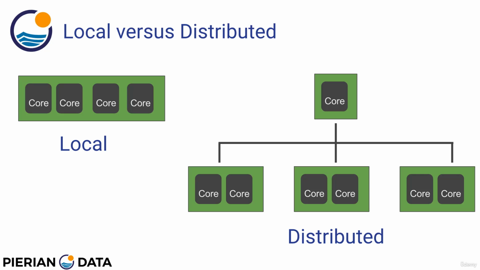However, if you leverage the power of a distributed system, you can have one smaller master node controlling a distributed system of computers. That allows you to retain more processing power and more memory than you would be able to on a single local machine. And that's what we're going to be discussing as we talk about Hadoop and MapReduce.